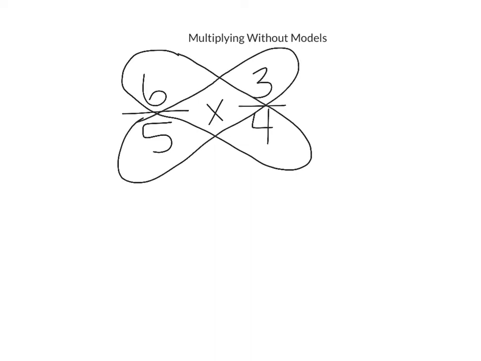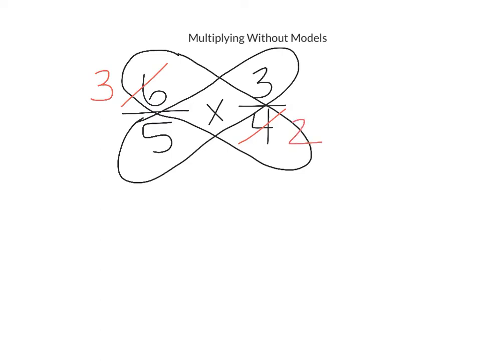If we look at 6 and 4, both are even numbers, which means we can divide both of them by 2. When we divide 6 by 2, we get 3, and when we divide 4 by 2, we get 2.